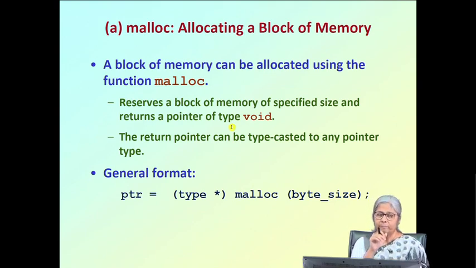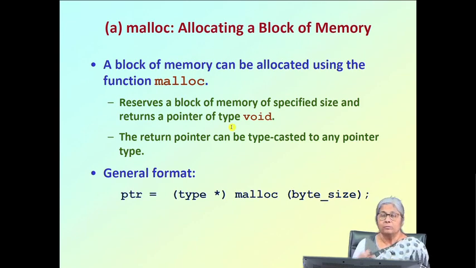If we remember, for a normal pointer, the type of pointer is the same as that of the variable, or the array, it is pointing to. So, the data type of the array elements and the data type of the pointer must be the same if the pointer points to those array elements.